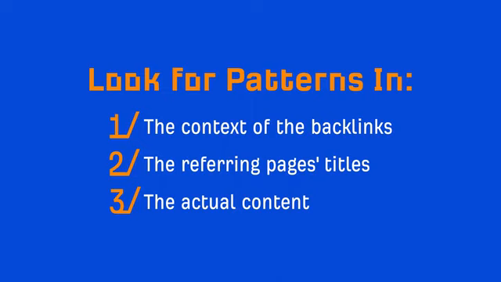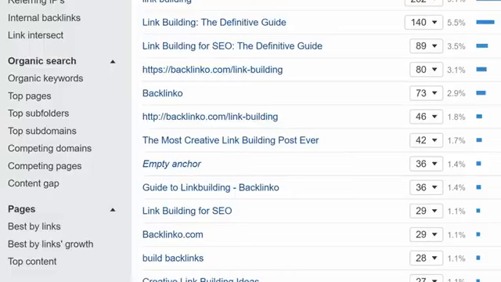So let's start off by looking at the context of links to a competing page. Just as I showed you in lesson 1.2, studying the anchors of a competing page's backlinks can help you understand why people link to a page. And these whys can often be considered as linkable points.